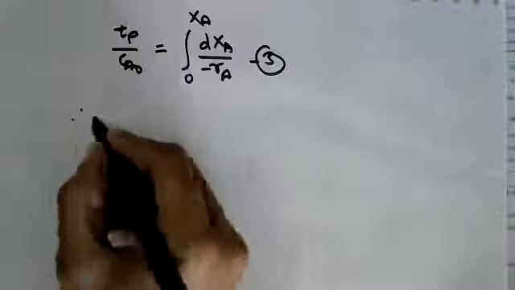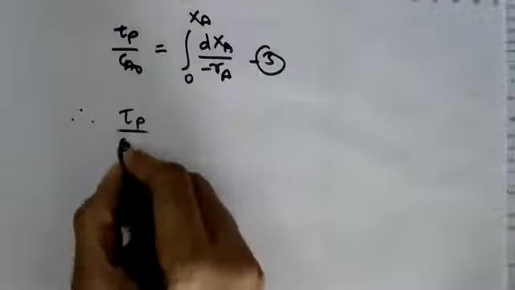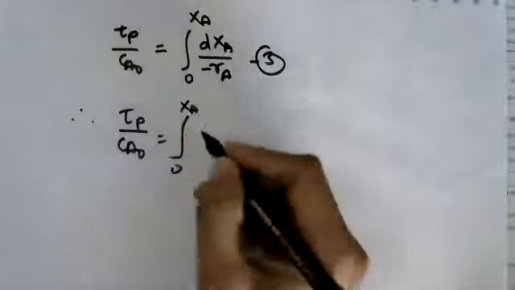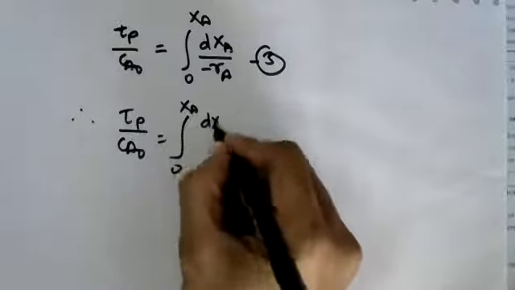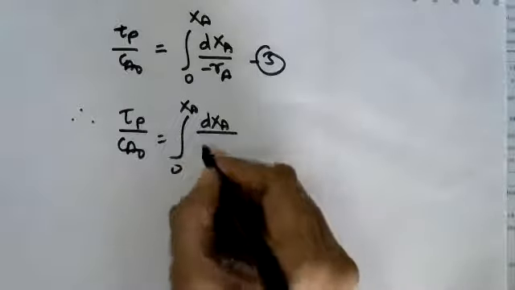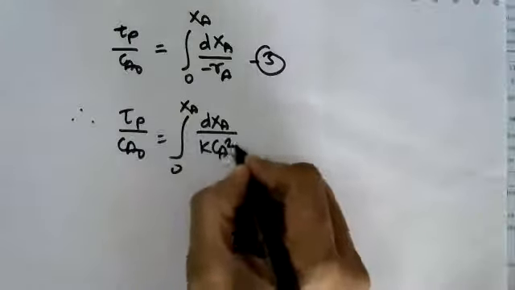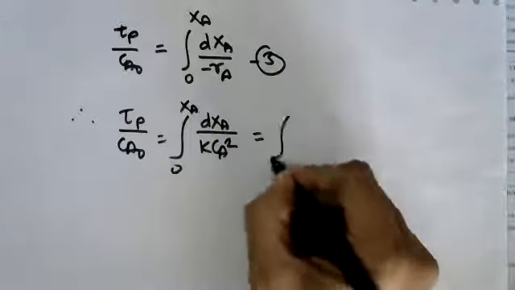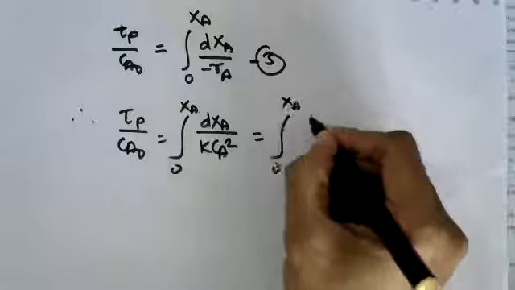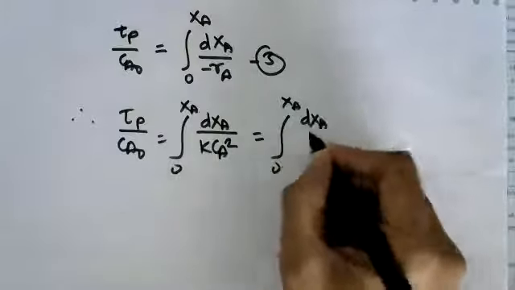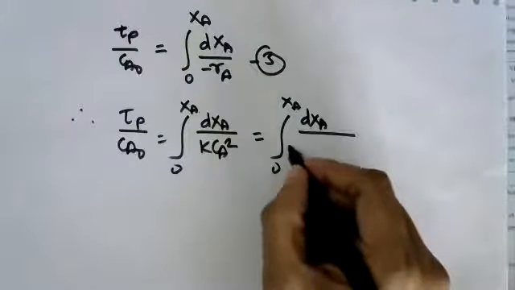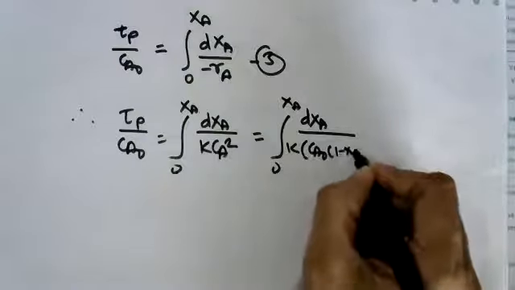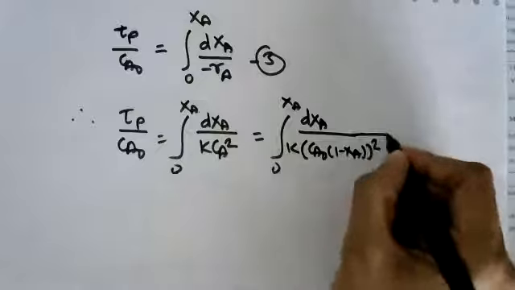So tau p upon Ca0 is equal to the integration of dXA upon minus Ra, which is k Ca square, from 0 to XA, that is equal to the integration from 0 to XA of dXA upon k inside the bracket Ca0 into (1 minus XA) bracket square.